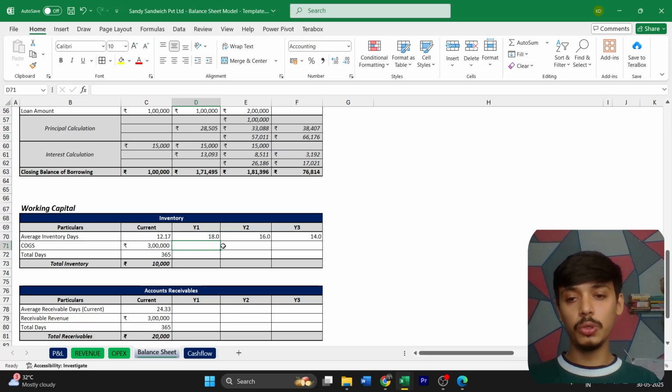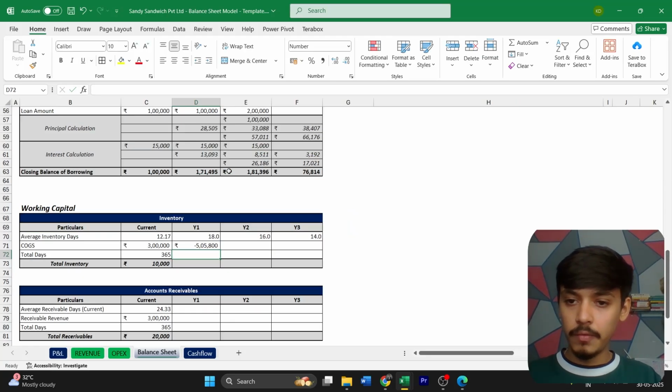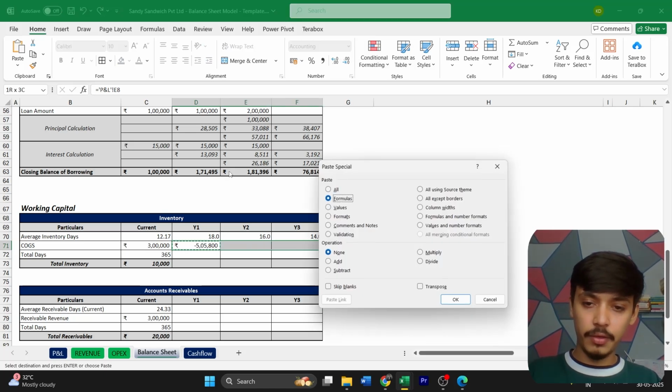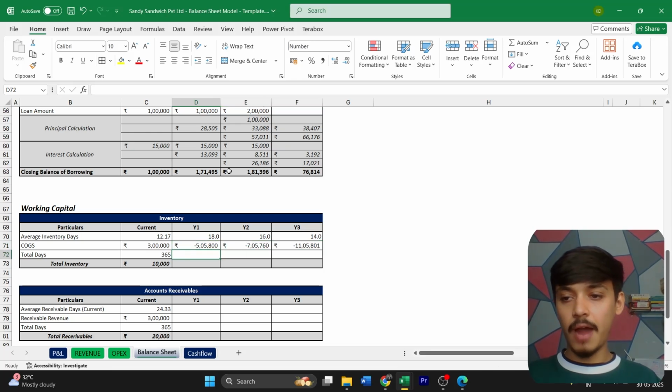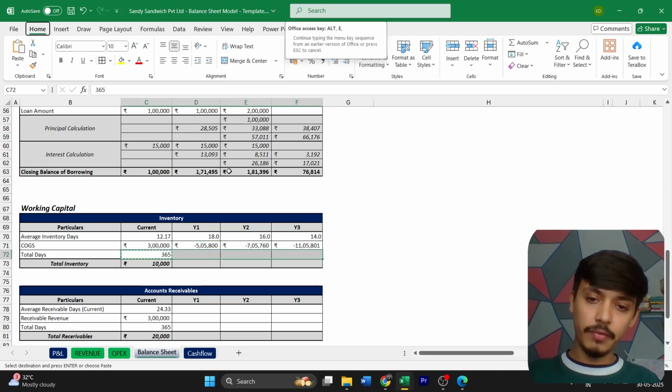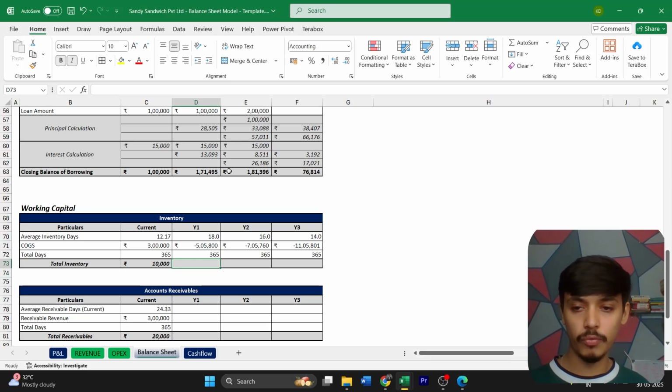So we have COGS with us, which we already assumed during the P&L model, which is 5 lakh, which we are plugging in, and we will similarly plug in for the next 3 years. We have total days same as 365. Now we have the three elements with us. What is the amount of total inventory?